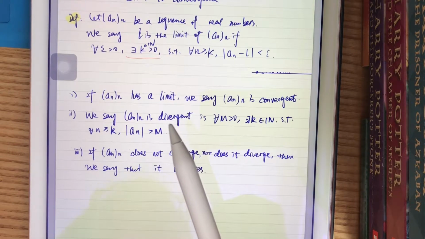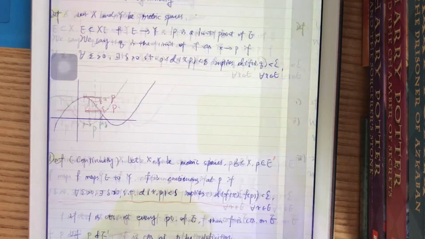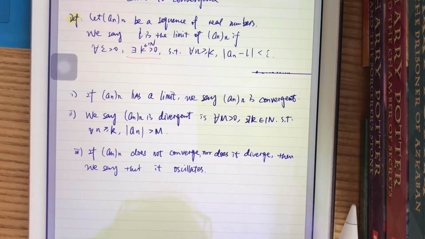In the previous case, we said there exists a delta larger than 0 such that the distance between x and p smaller than delta. In this case, there exists K, a positive integer, such that when n is larger than or equal to K, the distance between a_n and L is smaller than epsilon.